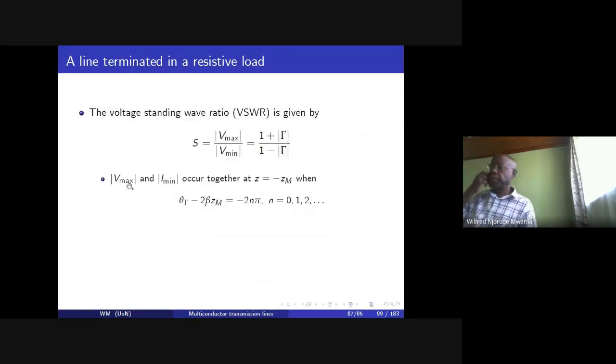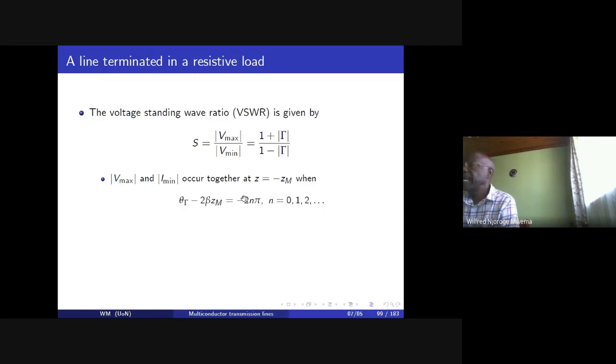And therefore we can note that the absolute value of Vmax and the absolute value of Imin will occur at the same point, Z equal to minus Zm, where theta gamma minus twice beta Zm is equal to the negative of twice n pi.